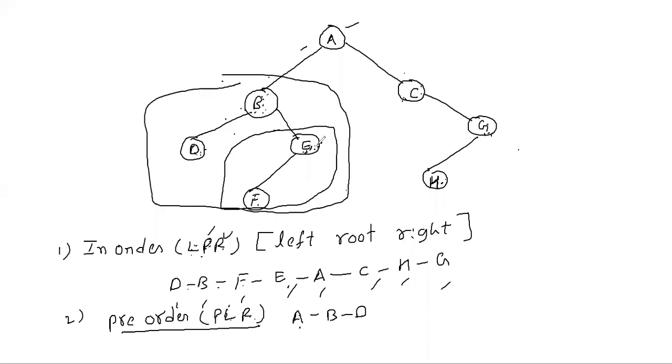Right side means E is there. E also has a subtree. For E, again, E is a parent. After writing E as parent, on the left side what is there? F. On the right side what is there? Nothing. So now all the left will be completed. Check it. All the left: B, D, E, F. Next, come to the right side.